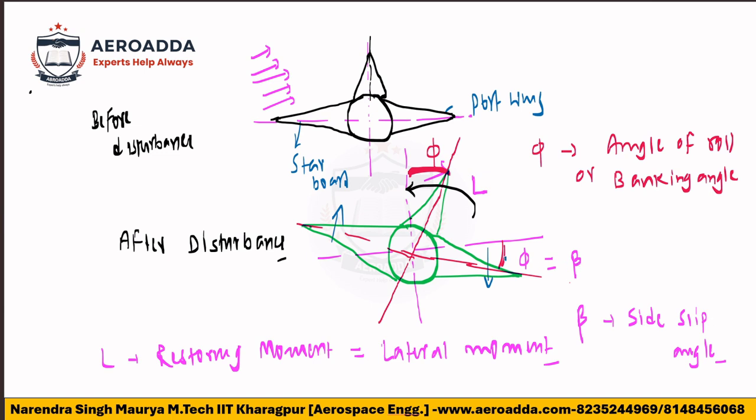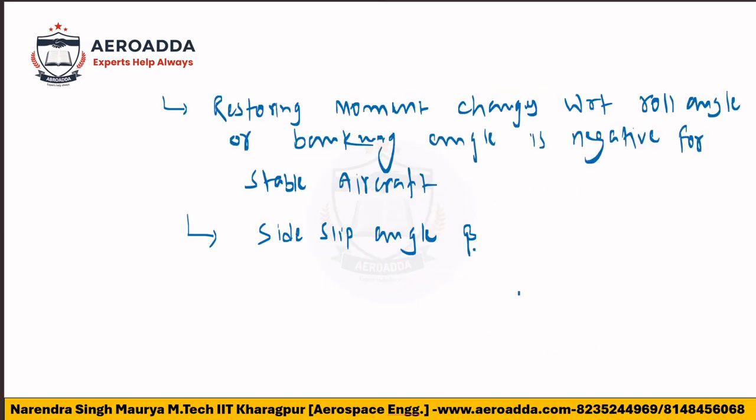This angle is nothing but beta, which is increasing in the downward direction. So beta is increasing, but to bring it back to the initial position, L should be applied in the opposite direction. So that also you can say in terms of the side slip angle. This is in terms of dL by d phi.